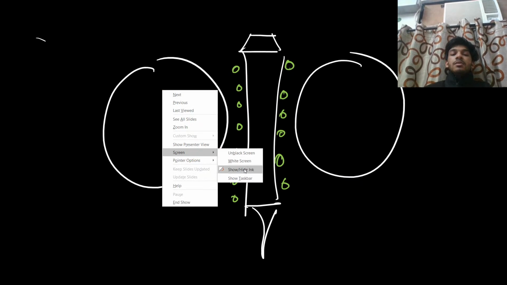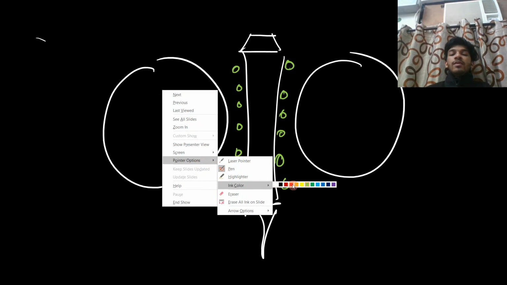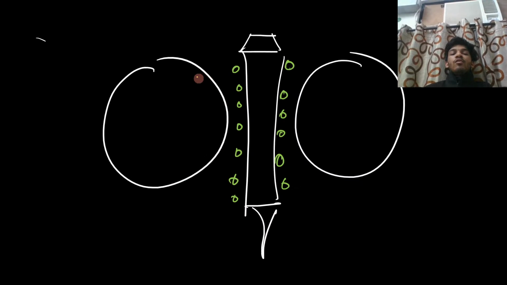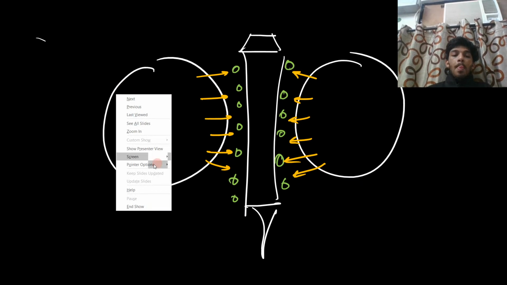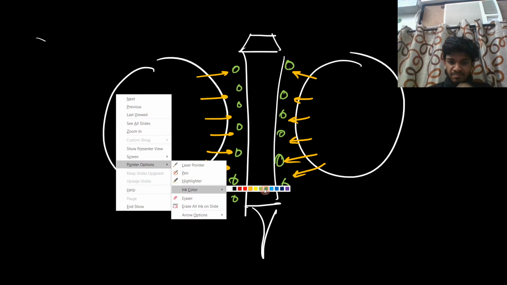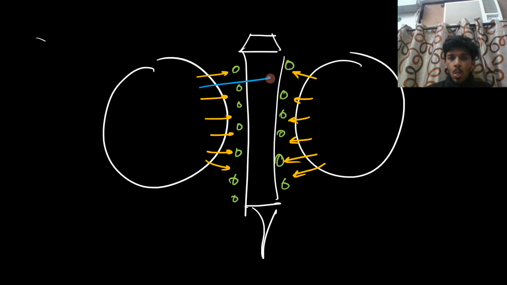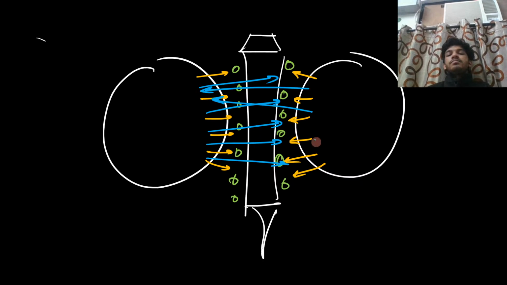Basically, there is also a contralateral flow of lymph here. What do I mean by that? From here, lymph will go to these nodes, and this lymph will also cross to the other side. The lymph nodes receive a supply from both sides.